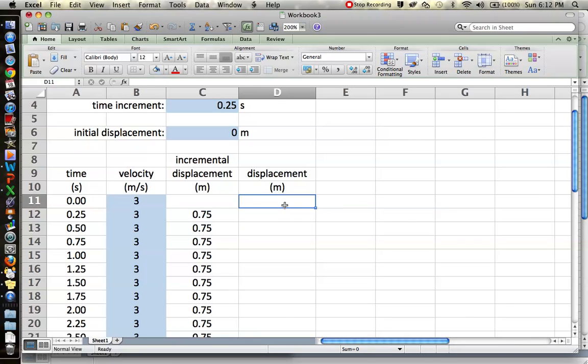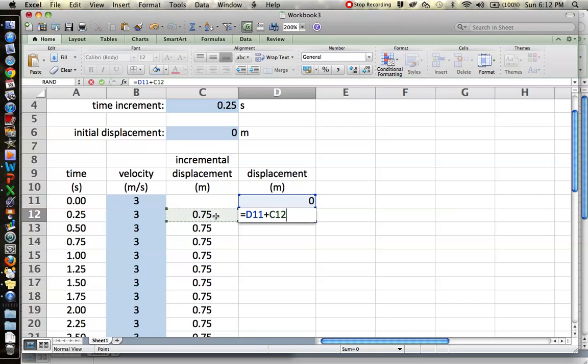When it comes to overall displacement, first of all, let's say it's equal to initial displacement as our starting point, and then in that first increment, in this case 1/4 of a second, we have gone this far plus the change, the extra amount that we've gone in that time increment.